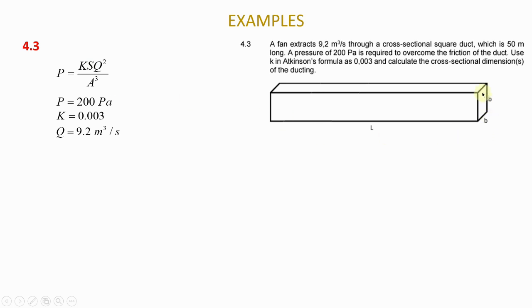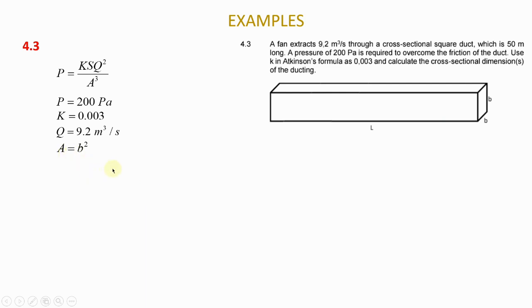The cross section of this duct is a square. So the cross-sectional area of the duct is just the area of a square, and so A is equal to B squared, because that is how you find the area of this particular square.